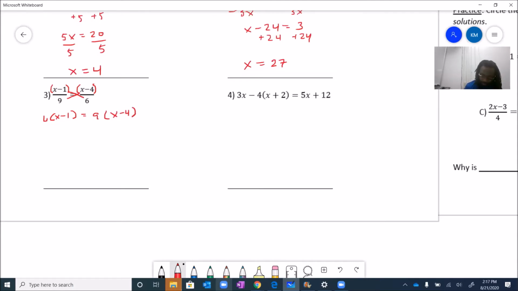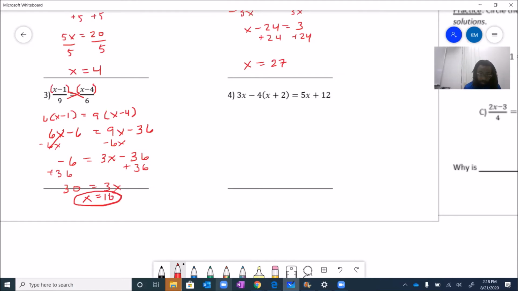And so we get 6x minus 6 equals 9x minus 36. Caring for my x's first, so I'm going to subtract 6x from both sides. I'll get negative 6 equals 3x minus 36. Add 36 to both sides. And we get 30 equals 3x. Divide by 3, and we find that x equals 10.